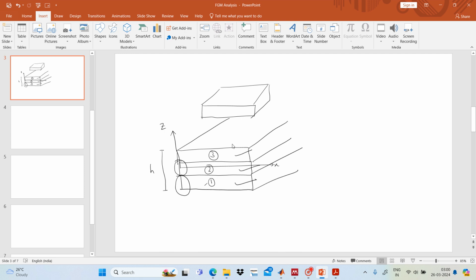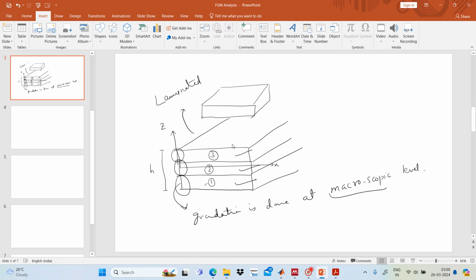So we can say that gradation is done at the macroscopic level, macroscopic gradation, while this is the example of a laminated composite plate.